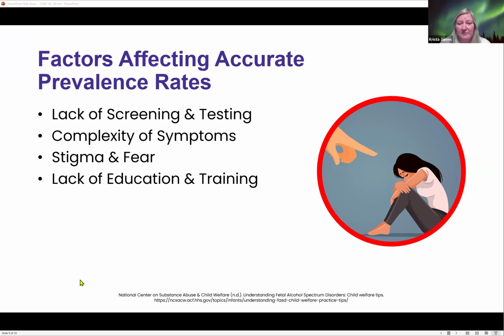Professionals in all fields don't receive the education and training necessary to identify FASD signs and symptoms. And we're working really hard at LSU to try and change that and get the awareness information out there so that families have an understanding of prenatal alcohol exposure, and also professionals know what to look for.